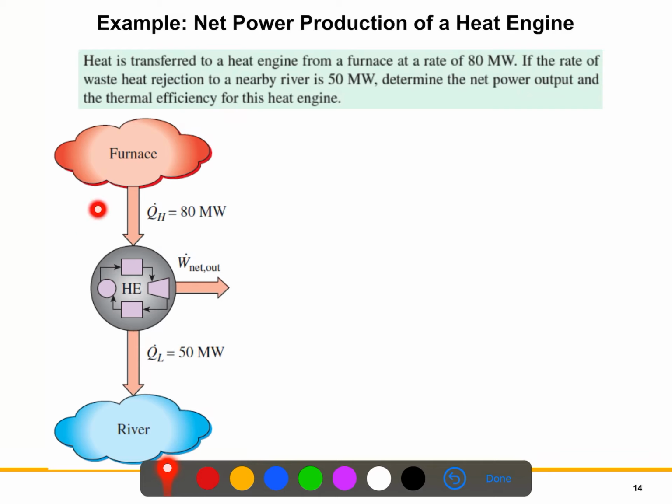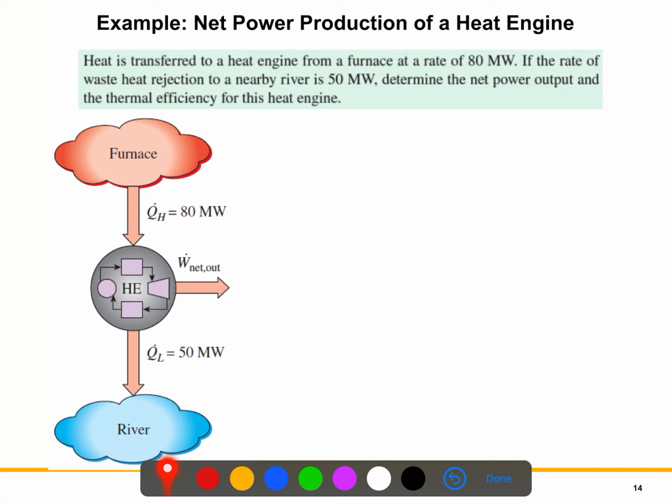So this is the schematic. You can see the furnace and the nearby river, and we can see the rates. The heat is transferred to the heat engine. So this is the heat engine. Heat is transferred from the furnace to the heat engine at a rate of 80 megawatt.